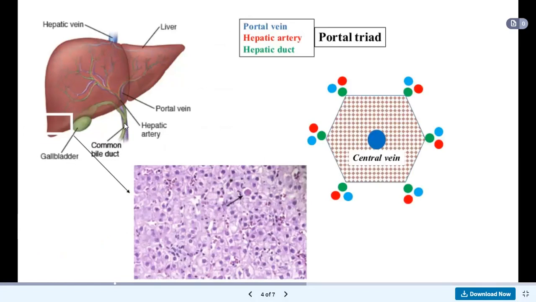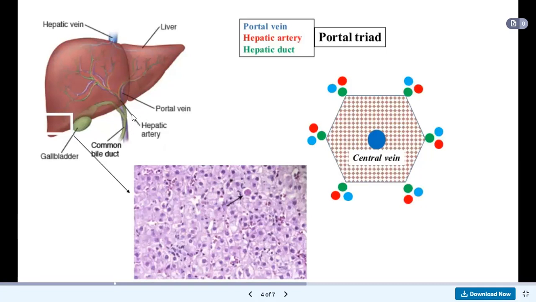This common bile duct is running alongside the portal vein, this purple colored one. And then you also have the hepatic artery, which is red. So a combination of portal vein, hepatic artery, and the common bile duct forms what is called the portal triad.